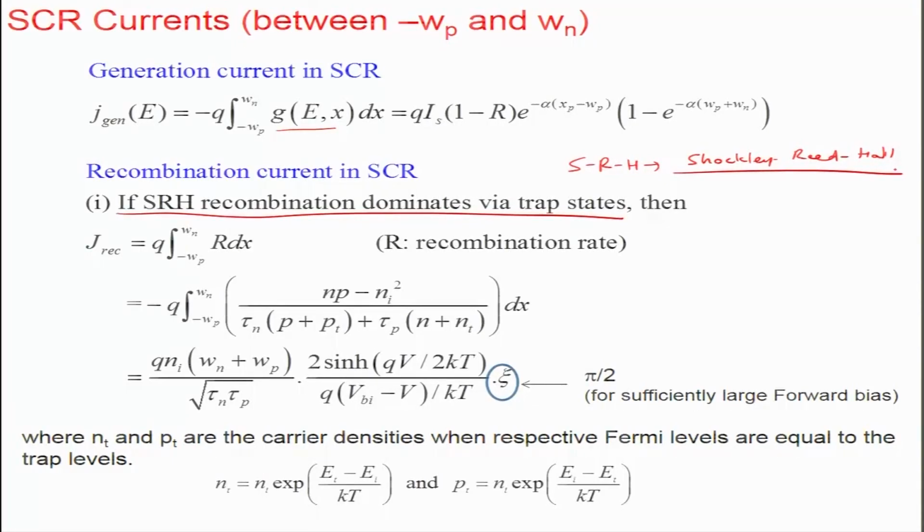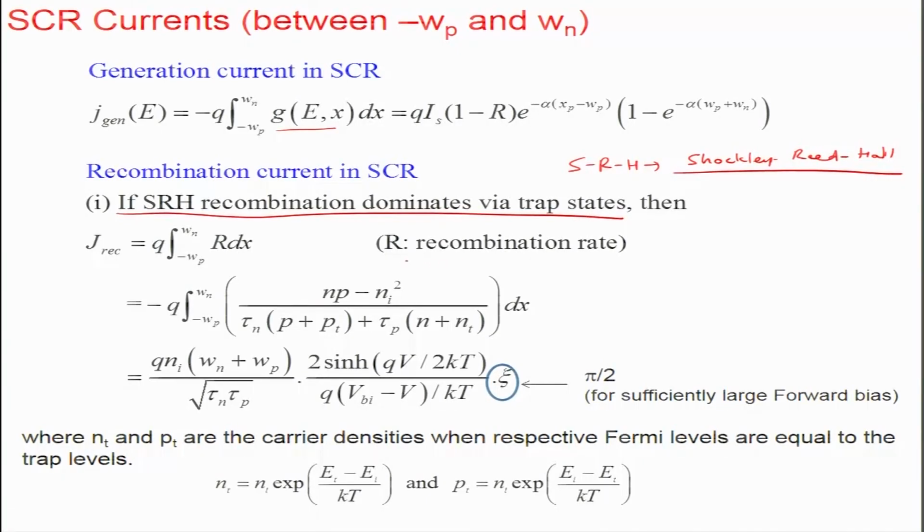So we are not assuming radiative recombination, we are saying it's non-radiative trap assisted recombination. Then J recombination is Q integral from minus Wp to Wn of R dx. Of course this current is negative in nature and the other current is positive in nature, because generation current means you create electrons, and recombination current means you consume electrons. So both have opposite signs.